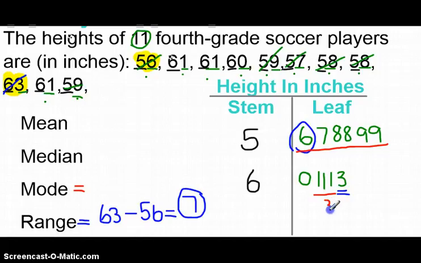Ones occur 3 times. 3 is greater than these 2 that occur only 2 times. So our mode is going to be 61. Make sure that you include this stem right here. Some students often forget that they need the 6 and would just put 1 as the mode. But that is incorrect because 61 is the complete number.